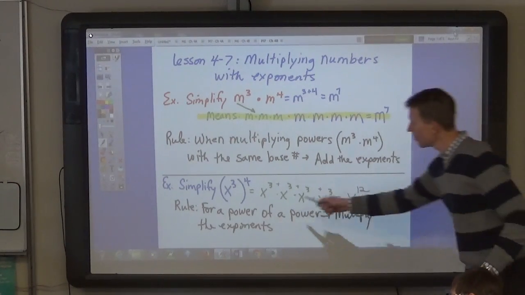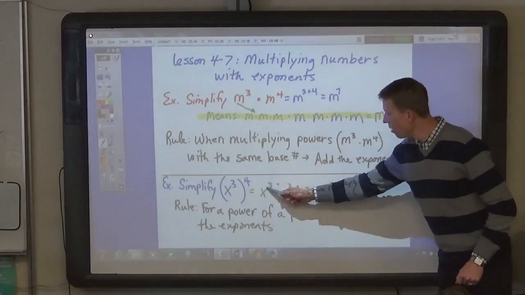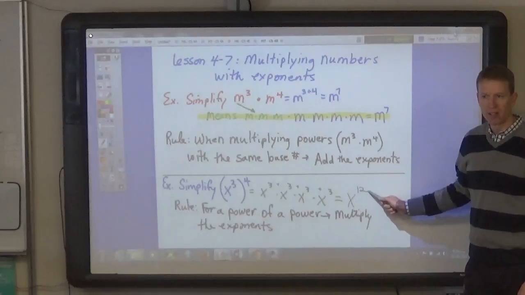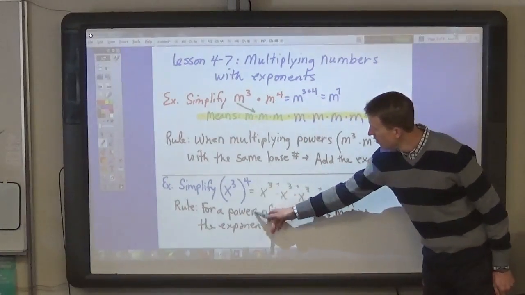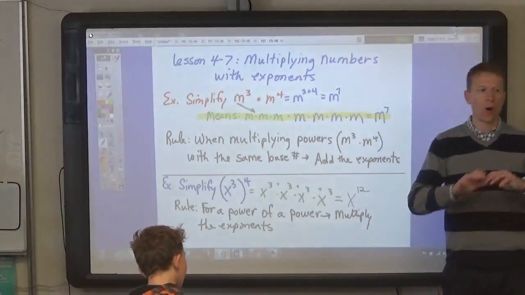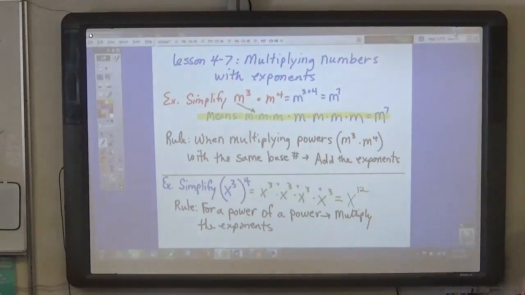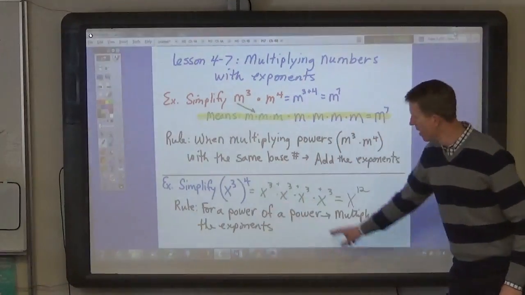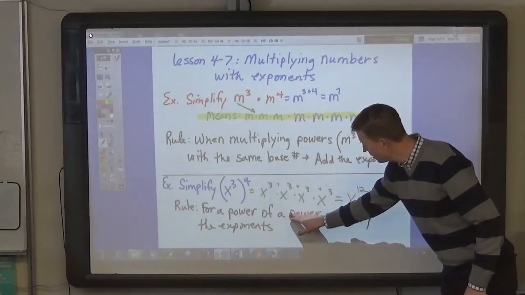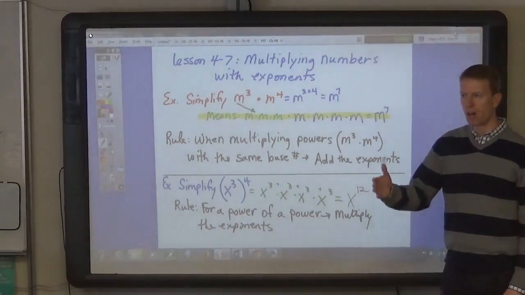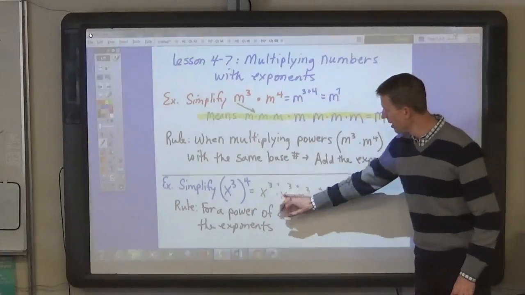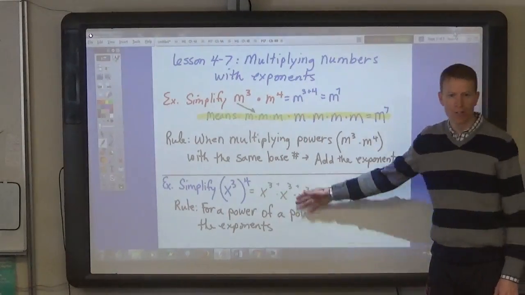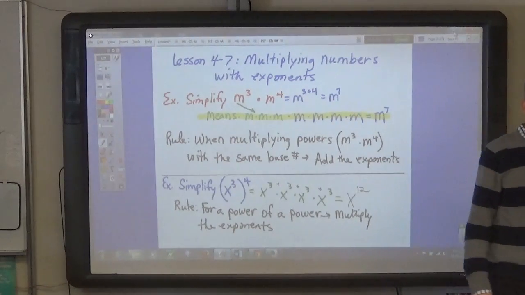And all of these written out, when you add up those, that's x to the 12th power. Now, if you wrote that out in expanded form, each one of these would be x times x times x. All of them written out with 3 x's. And if you counted all of those up, you'd have 12 of them.